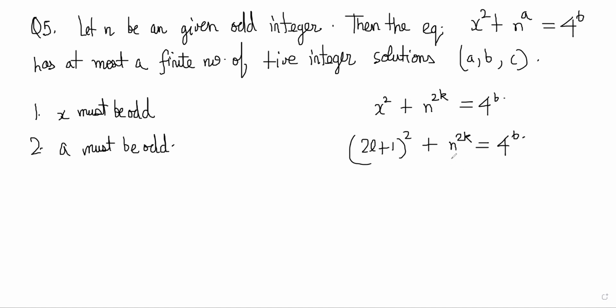So n is an odd number, we know, right? So if you think about this, this is going to be 1 mod 4, right? And n is an odd number, so the square of it is going to be also odd. So it cannot be 2 mod 4, right? It can be 1 mod 4 or 3 mod 4, right?